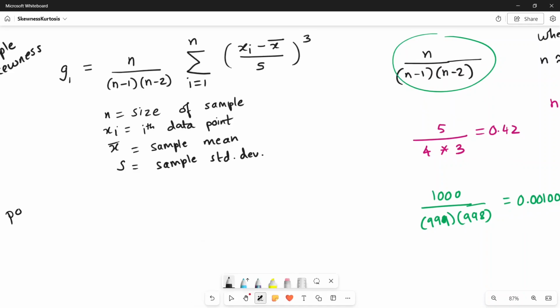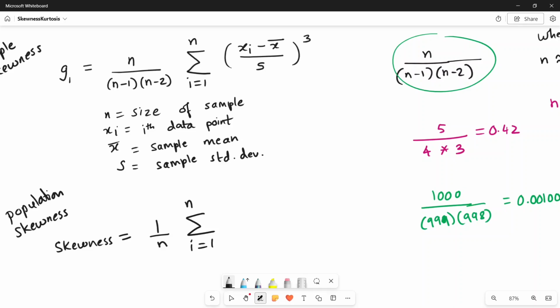For population skewness, I can say that skewness is equal to n upon n into n, that is 1 upon n, summation i goes from 1 to n.